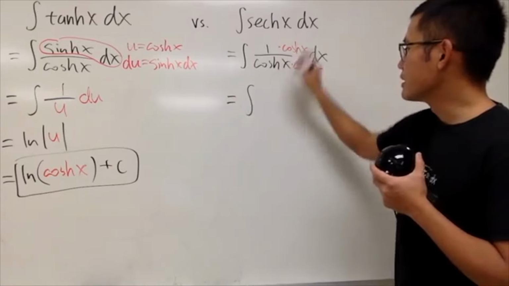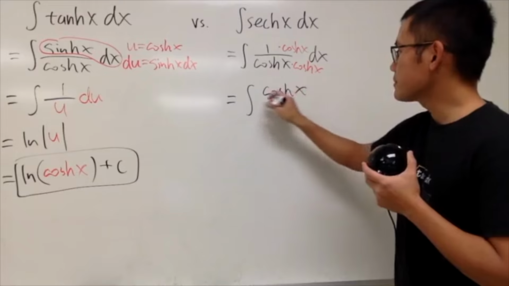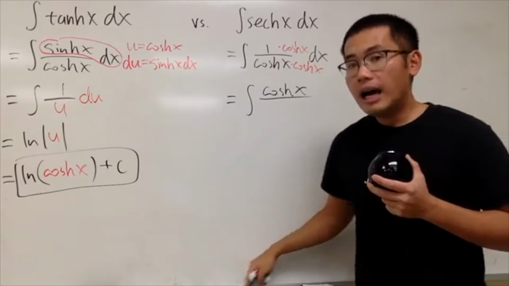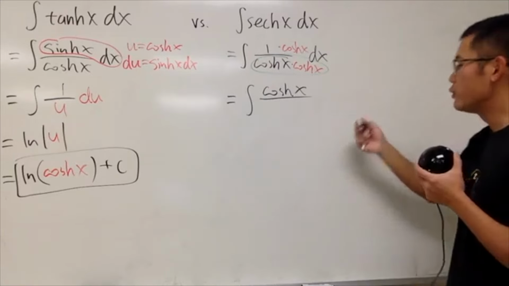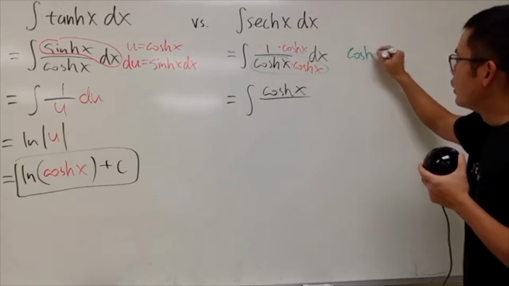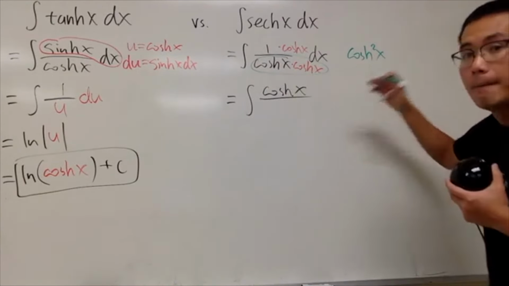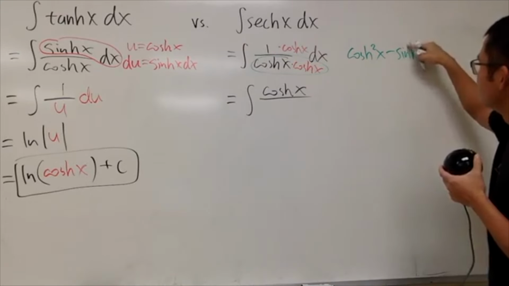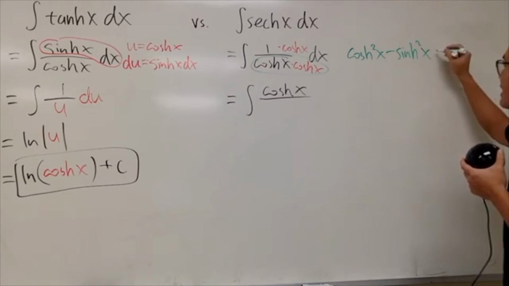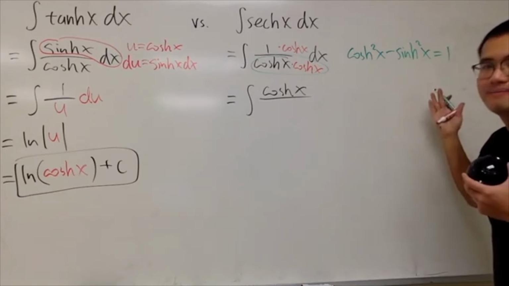Well, have a look here. This is the integral. On the top is cosh x over, on the bottom, notice that this is just cosh square x. And let me write this down right here for you guys. Recall that cosh square x minus sinh square x gives us 1, right?